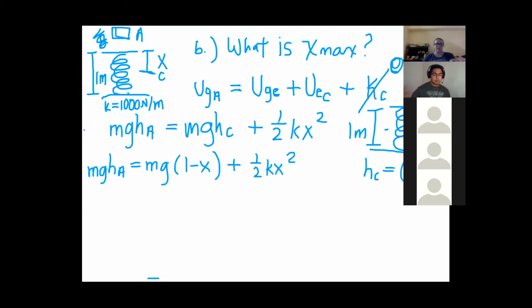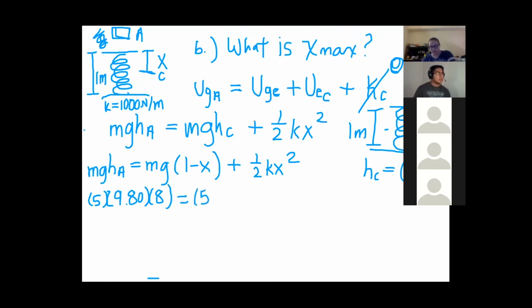So now our problem is entirely in terms of variables that we know or are solving for, and we can solve. So plugging in our values, that gives us 5 kilograms times 9.8 times the height that it's dropped from, which we know is 8 meters from the previous problem.